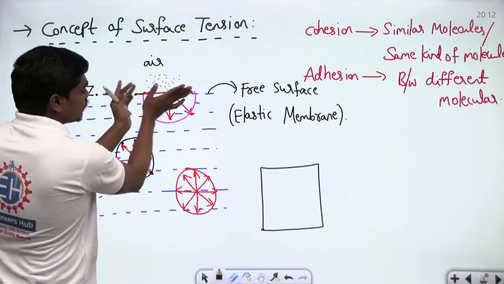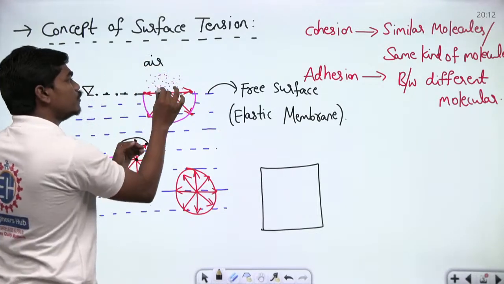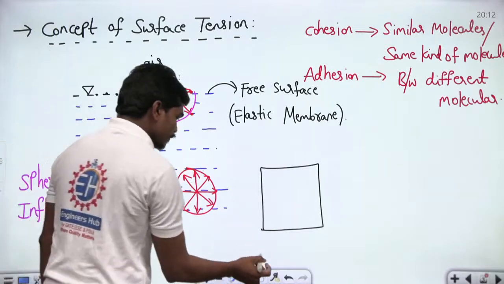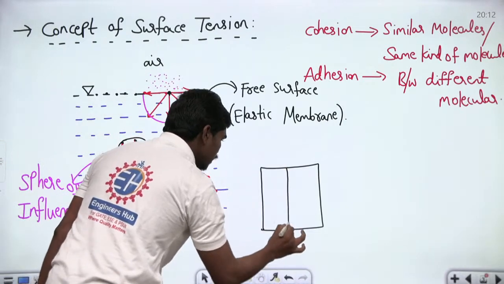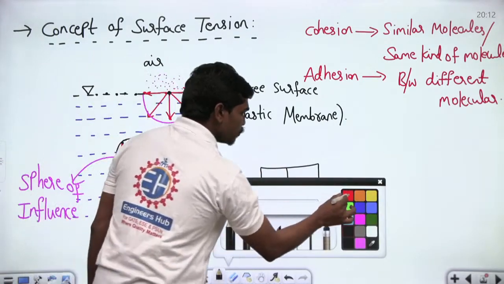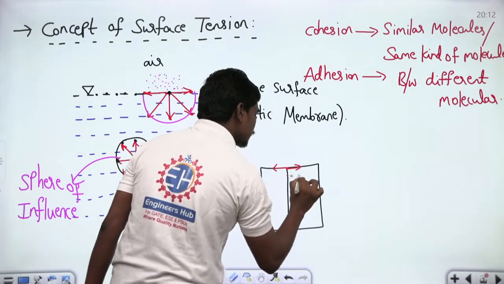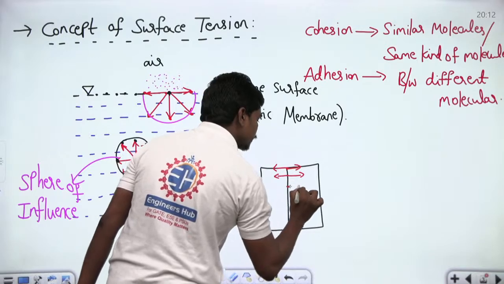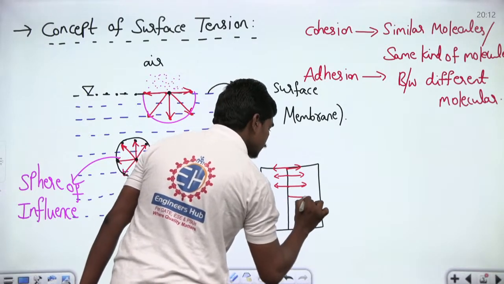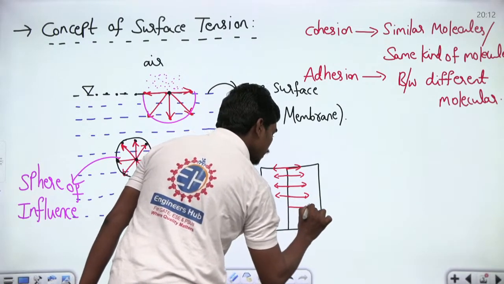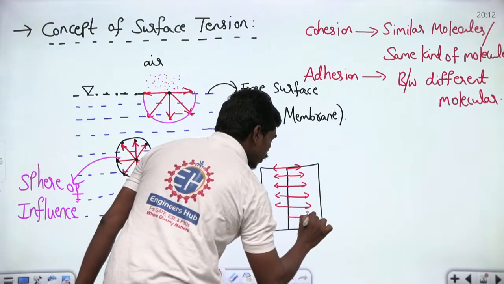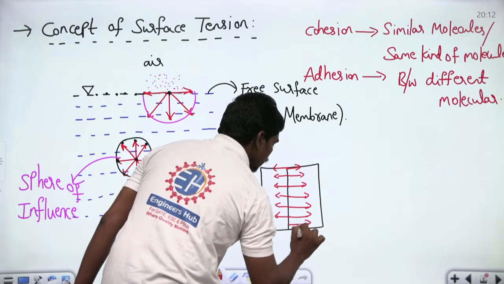If you take a layer which is perpendicular to this, then at every point on this layer there is some tension. Correct? There are tension forces acting on this surface.